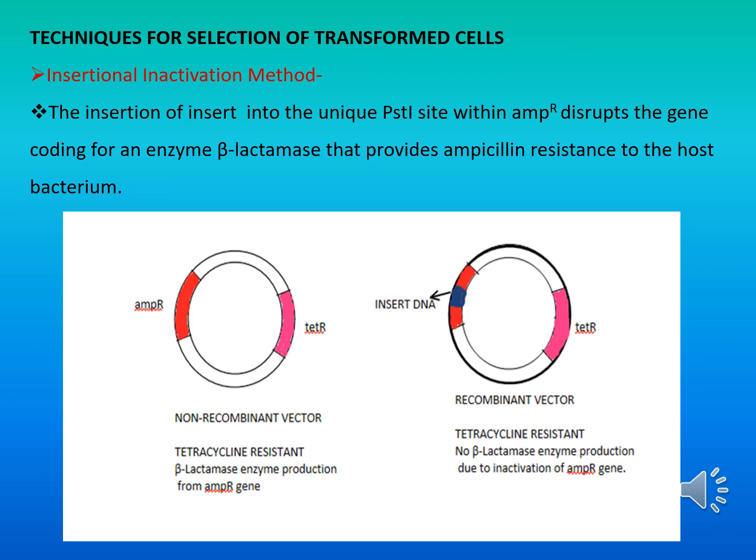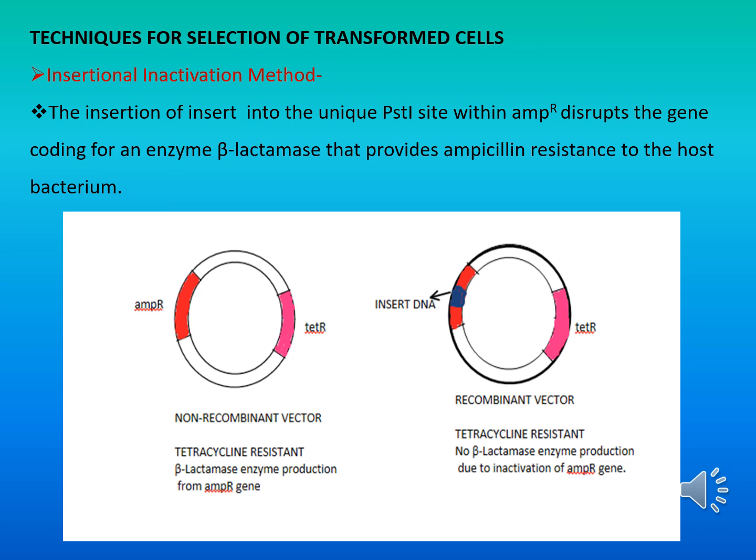Now how do we use the insertional inactivation method for screening of transformed cells in this case? Now you see the non-recombinant vector contains both genes, ampicillin and tetracycline, functional. When we insert the DNA fragment for cloning in the ampicillin gene, this gene becomes inactivated but the tetracycline gene is intact. Thus the non-recombinant vector contains both genes functional, ampicillin and tetracycline, but the recombinant vector contains only the tetracycline resistance gene functional, and the ampicillin resistance gene becomes non-functional.